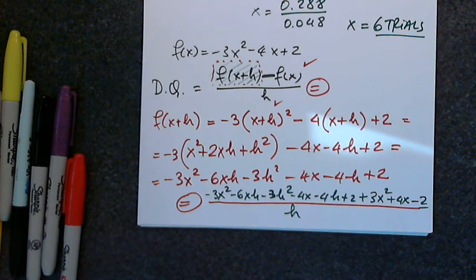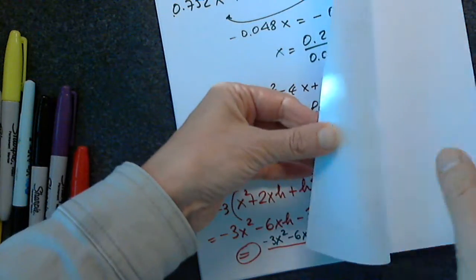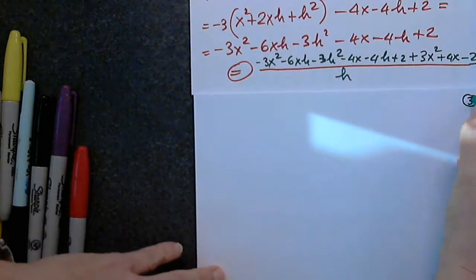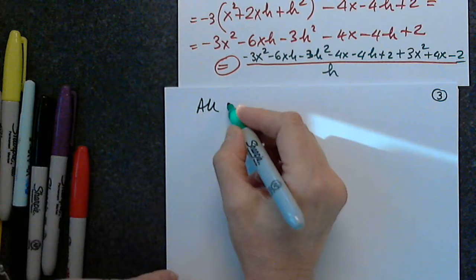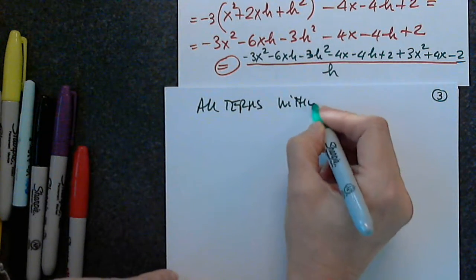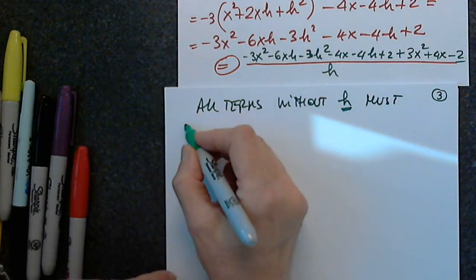Okay, say those things again. Yes, two things have to happen. Let's write them down. Very good. So here's the first one. All terms without little h must cancel out.